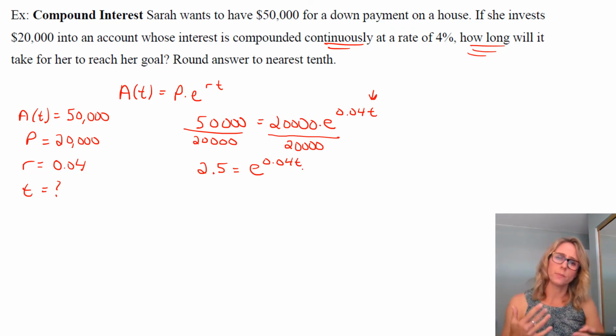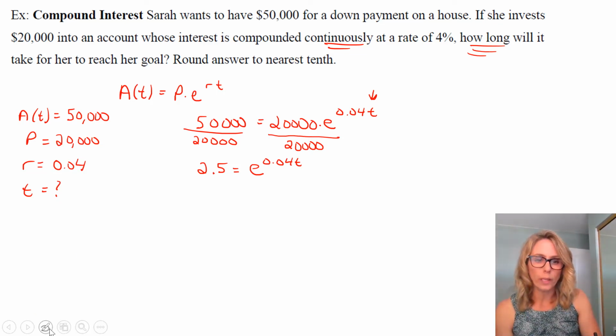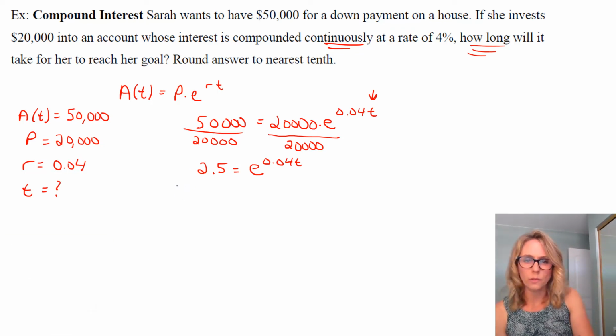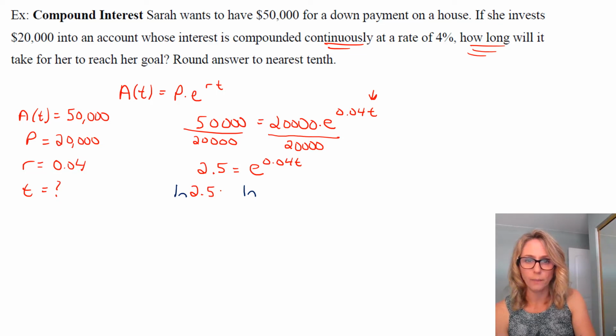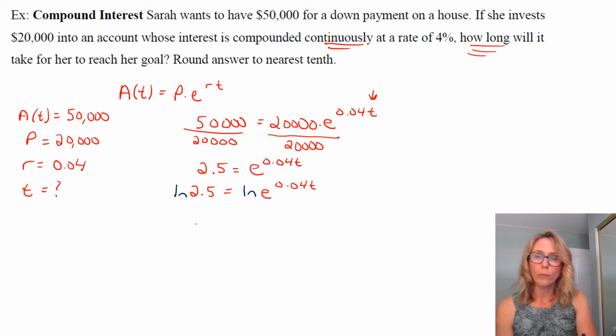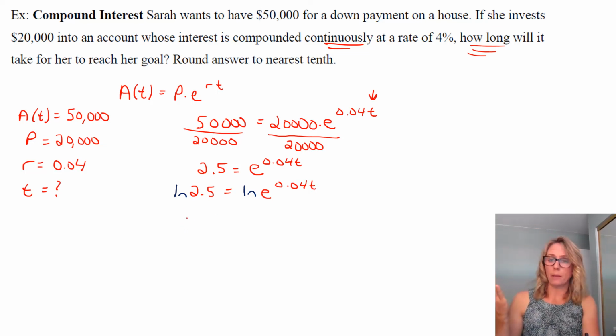Now, dividing both sides by 20,000 gives us a number equaling e to the 0.04t. And this is the point where we can free the t. By taking the ln of both sides, which again is really the best idea if you're dealing with some sort of question about e, because it's that natural logarithm that occurs in the world.